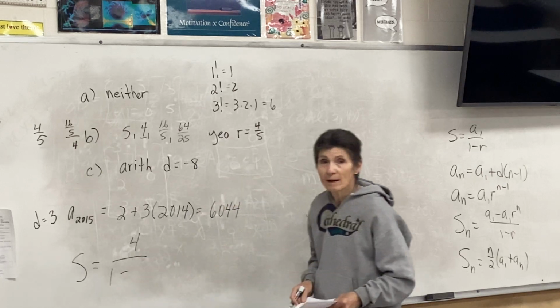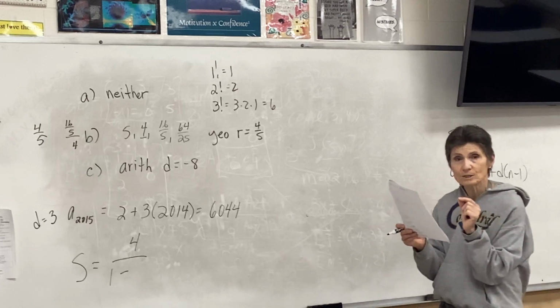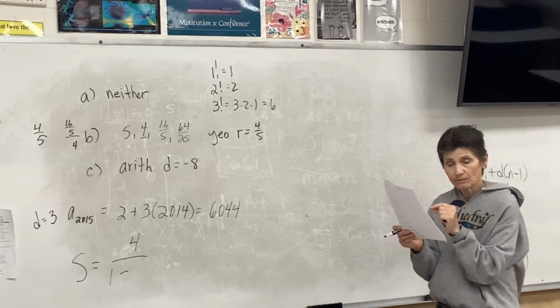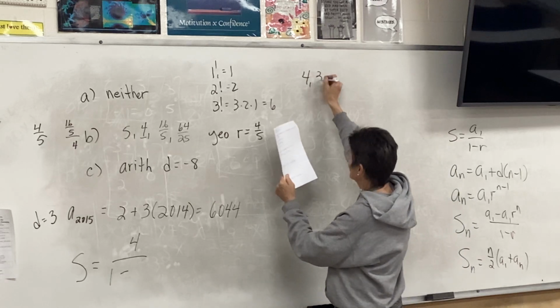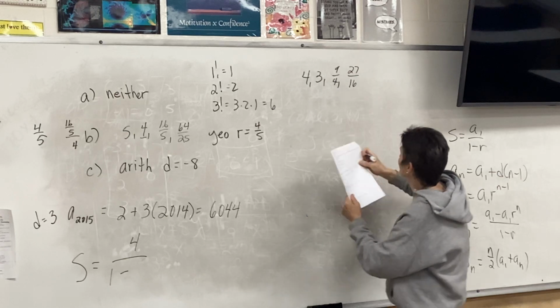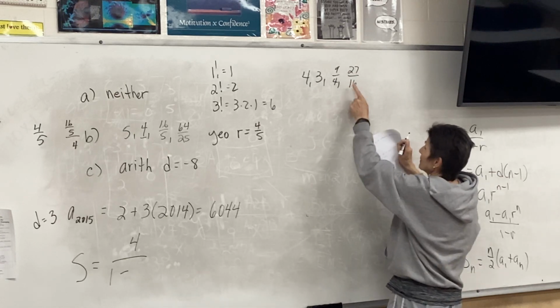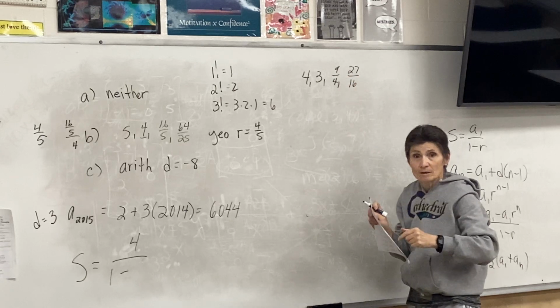And then I need to know my common ratio. So how am I getting from term to term? Look carefully. Look at those last two, especially. It's real easy to tell, to get from here to here, we have to multiply the top by 3 and the bottom by 4.